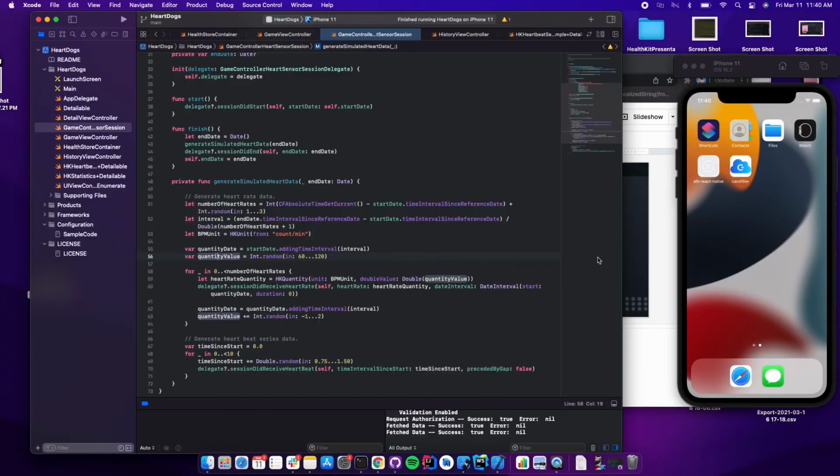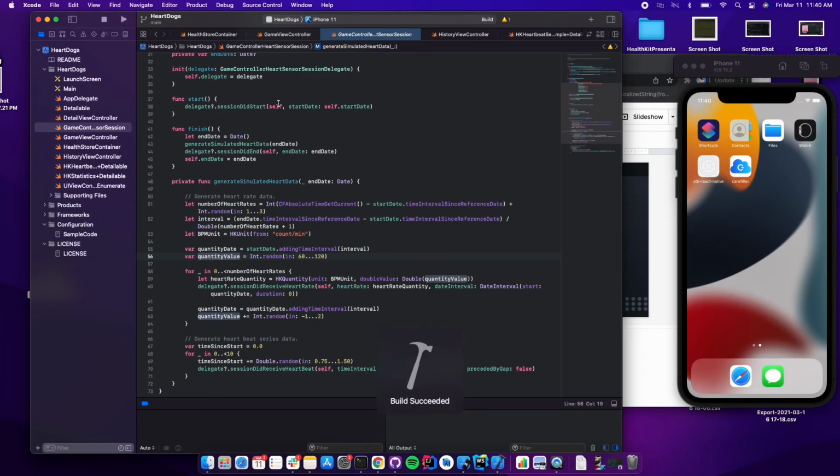Okay, so we're going to take a little look at a demo that I'm co-opting straight from Apple. This was one of their examples that they put out for HealthKit ahead of WWDC in 2018, 2019, so in the before times.